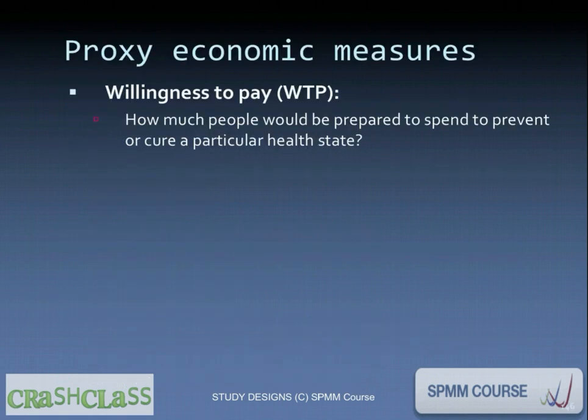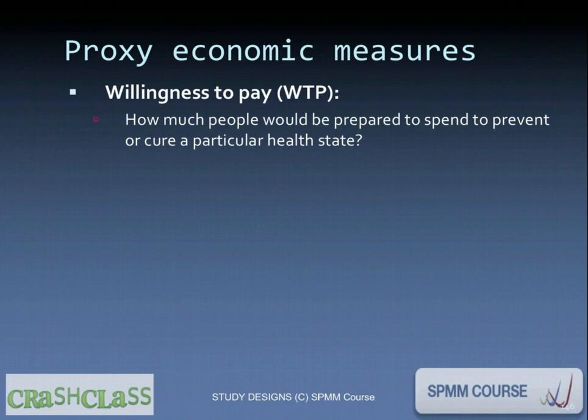Okay, so I have something else here. Proxy economic measure. Do you remember I said you could measure outcomes as well in terms of money? So I also told you that you ask a set of patients, how much are you willing to pay to get better? So this method of estimating the money value of illness variables is called willingness to pay, WTP. How much people would be prepared to spend to prevent or cure a particular health state.